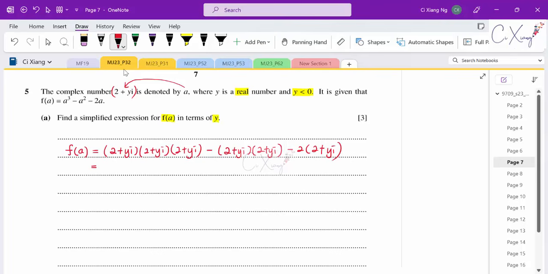Now I need to slowly expand them. 2 multiplied with 2 gives 4. Then 2 multiplied with yi gives 2yi. For the center one, yi multiplied with 2 also gives 2yi. And yi multiplied with yi gives y squared i squared.